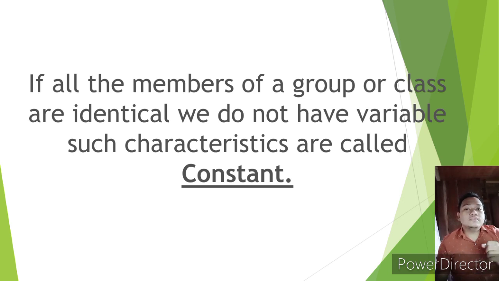So, the characteristic is called constant. Constants also always have the same value. So, constants are unchangeable. Throughout the classes or subjects, they are identical or the same. So, it has the same value for each research subject.